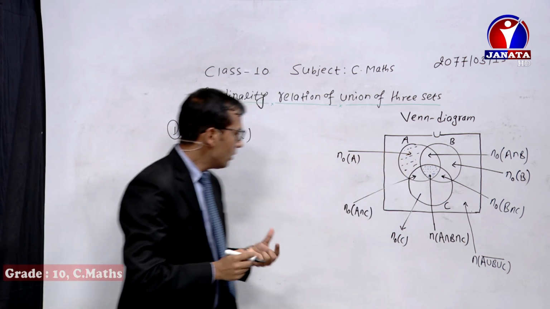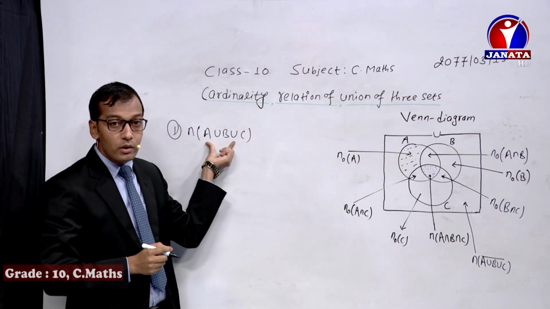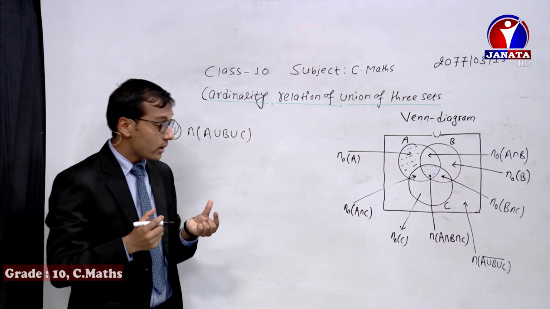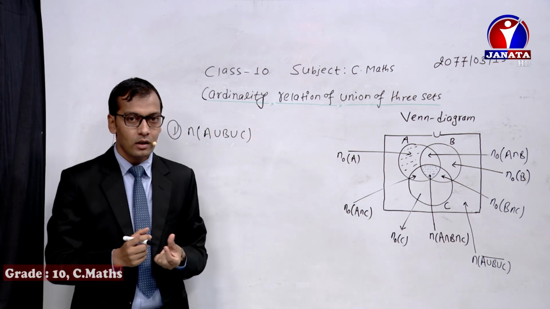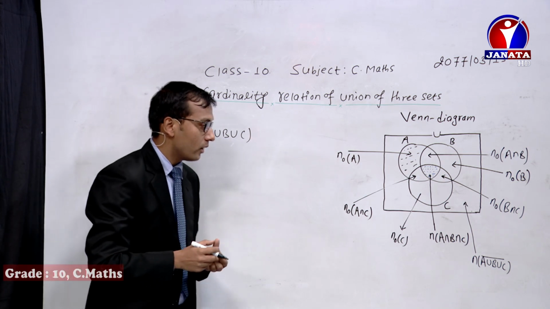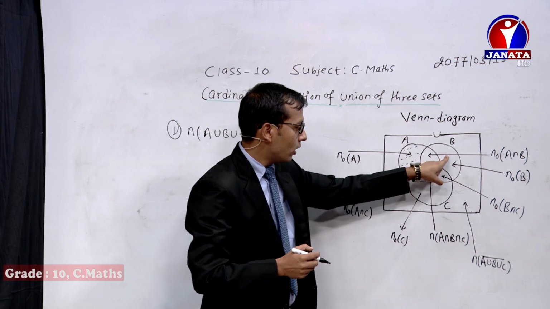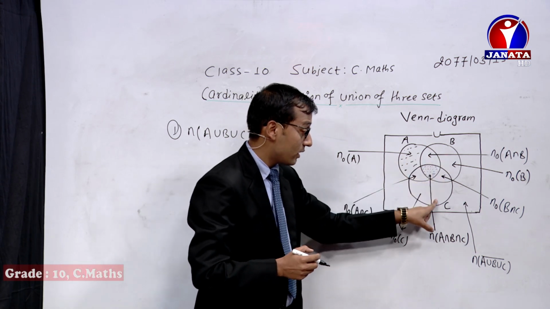Under n of A union B union C, we can see in the diagram there are 7 different regions which are represented by different set notations. This one is the first, second, third, fourth, fifth, sixth and seventh.